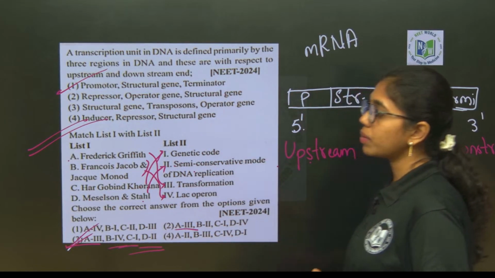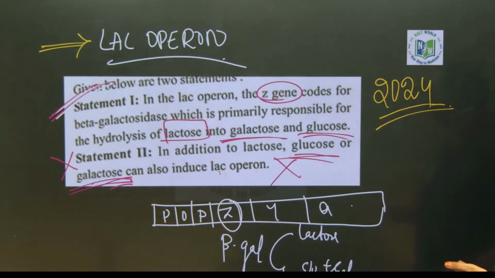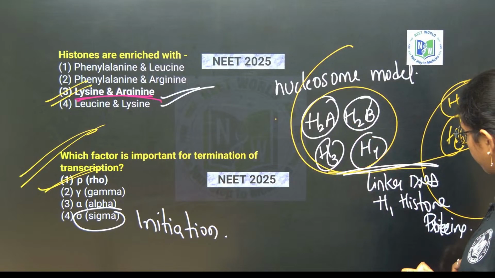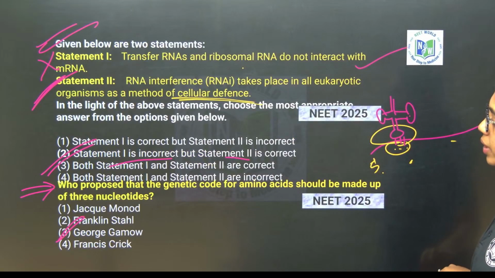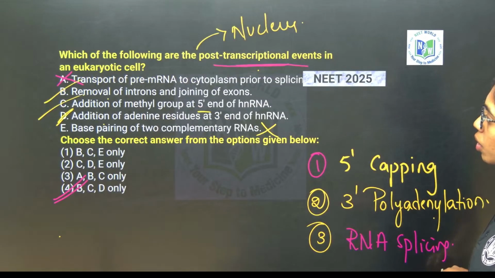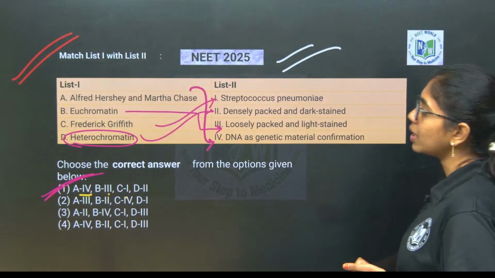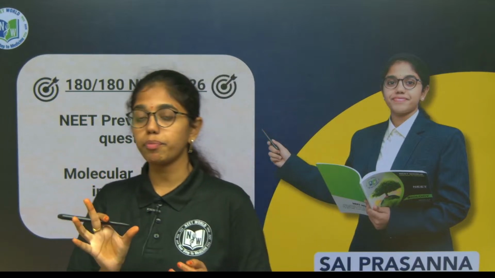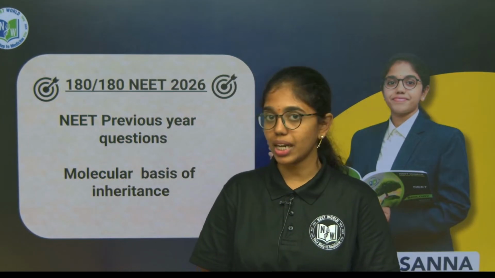And we have got questions on the transcriptional unit, the lac operon model, and on histone proteins. If we have to take a range, most of the questions have appeared on the transcription, replication and the synthesis of new strands, and if it is match the following type of questions, we have got them on the scientists, model organisms and experiments. As such the questions are generated, right.